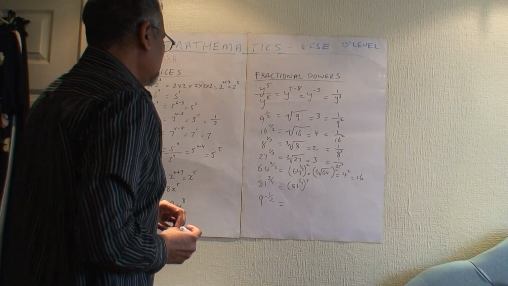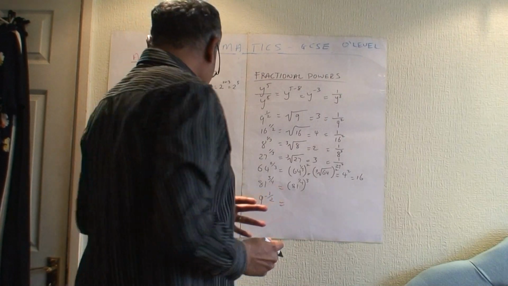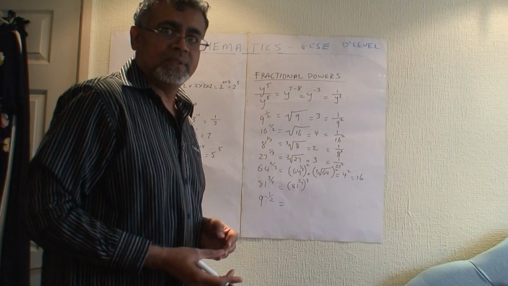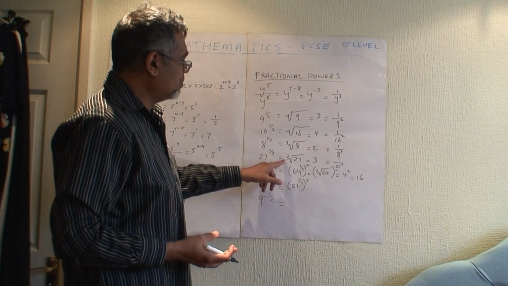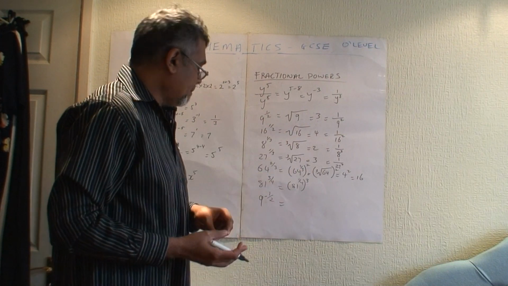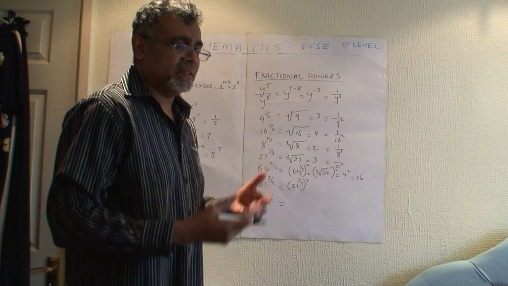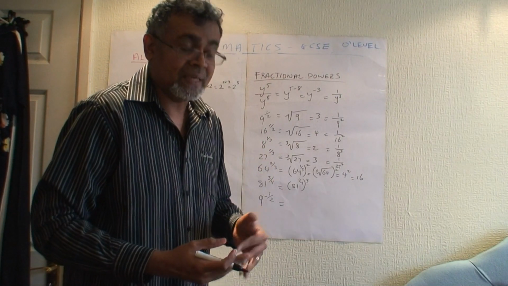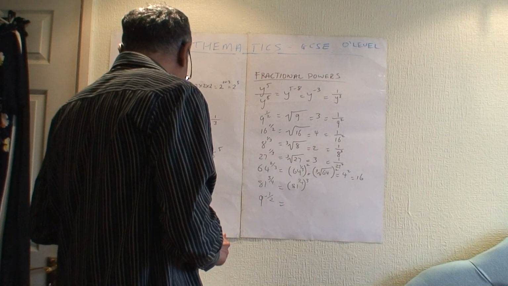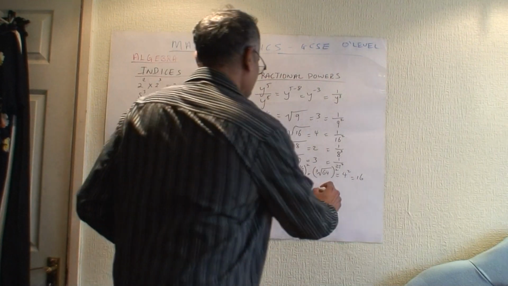Okay, now 81 to the power of a quarter, we find the fourth root. Okay, it's not like cube root or square root, alright, but it's the fourth root. I mean, a number times itself again, and times itself again for the fourth time, will give you 81.